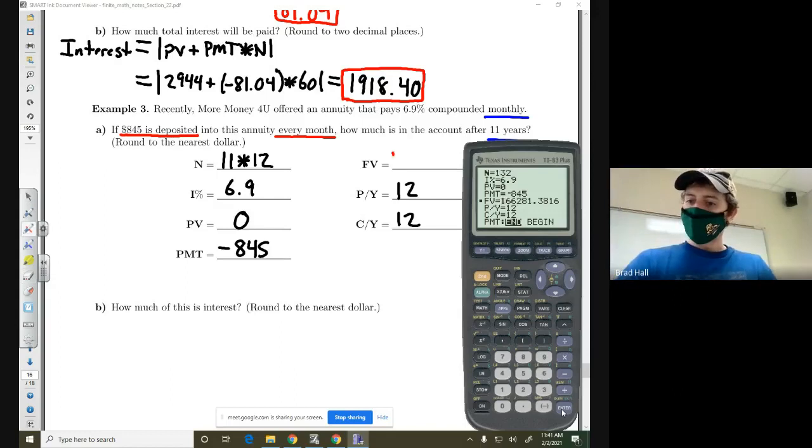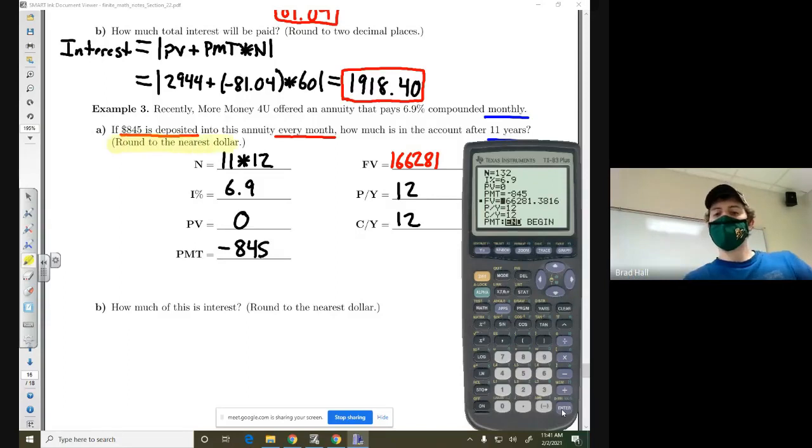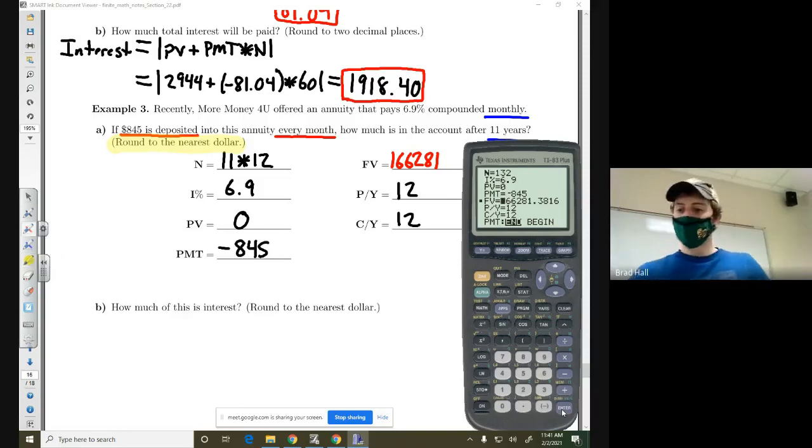So this is $166,281. And notice it does say round to the nearest dollar. They throw in that little detail as well. So I'm going to leave it at the nearest dollar. So that's how much is going to be in the account.